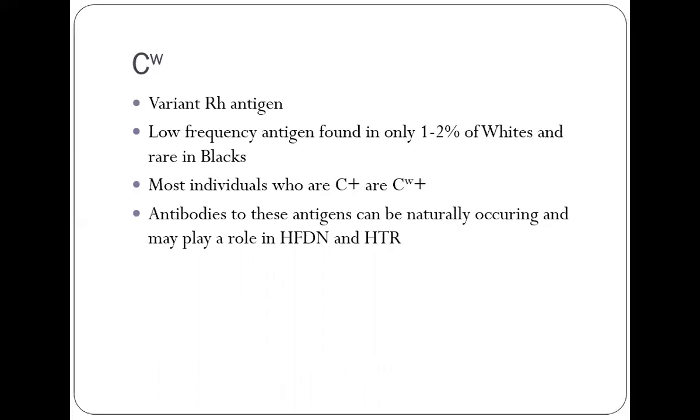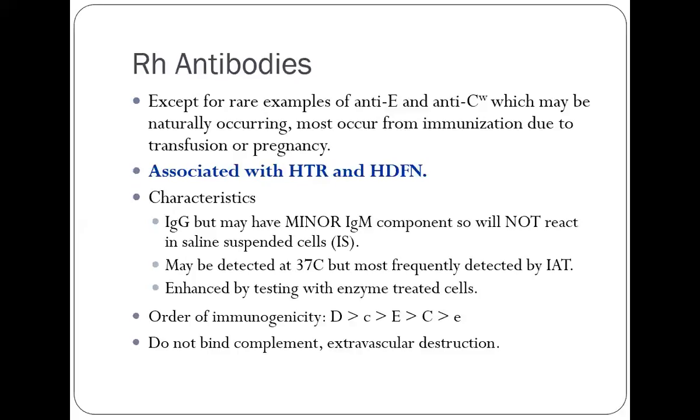Is it capable of causing a hemolytic transfusion reaction, and is it capable of harming a fetus and newborn? So all the Rh antibodies, except for the rare examples of your anti-CW, which may be naturally occurring, mostly occur from immunization due to transfusion or pregnancy. And right here, it's associated with HTR and HDFN. So that's why all Rh antibodies are important.